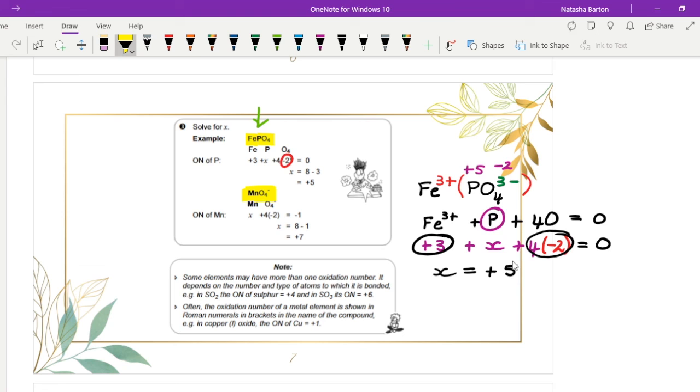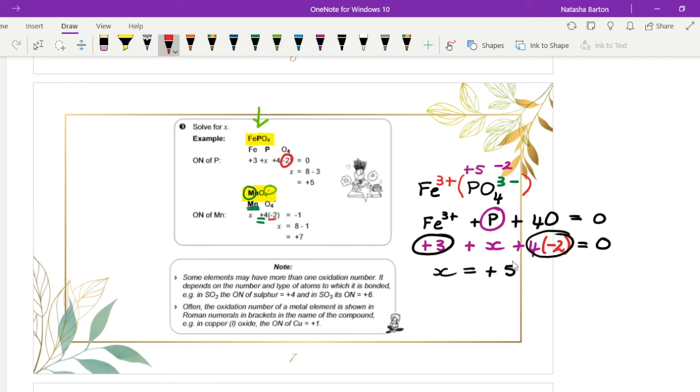In the next example, we are looking at just a polyatomic ion. This polyatomic ion, you should know off by heart, and has a charge of -1. They want us to find out what the oxidation number of the manganese will be inside of the ion. So again, we have 1 manganese bonded to 4 oxygens.